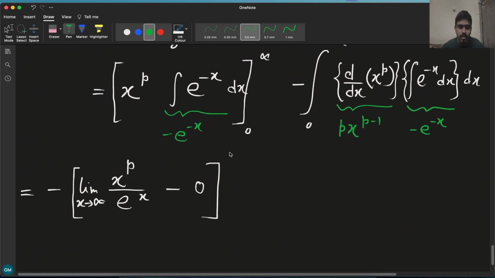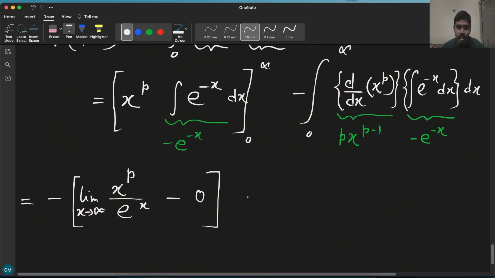So in that case, this integral I can write as, here there is a minus sign and here there is another minus sign, so that means it will be plus the integral from 0 to infinity. I can put this p outside this integral, so p and x to the power p minus 1, e to the power minus x dx.